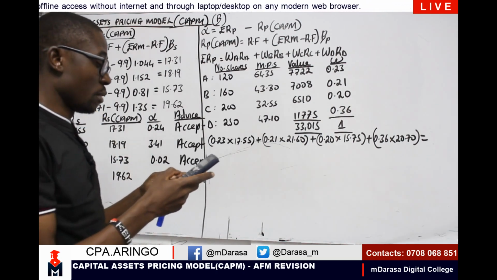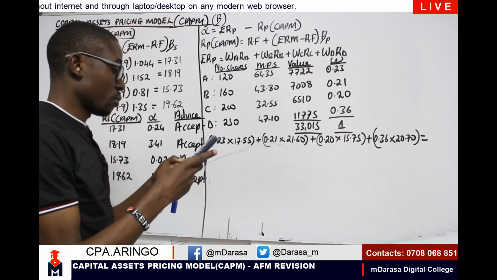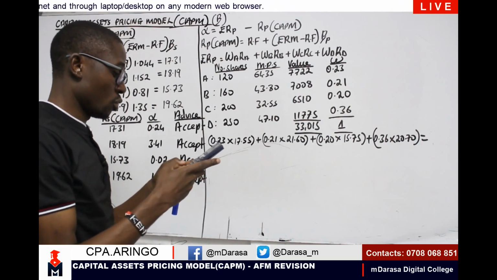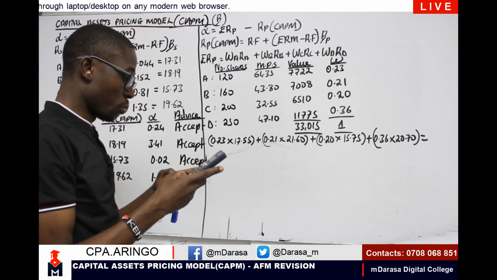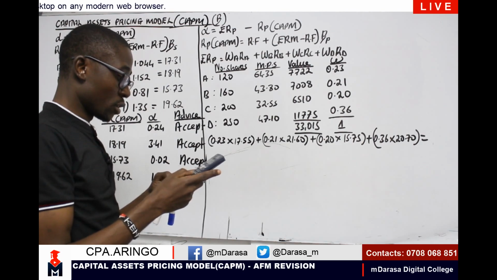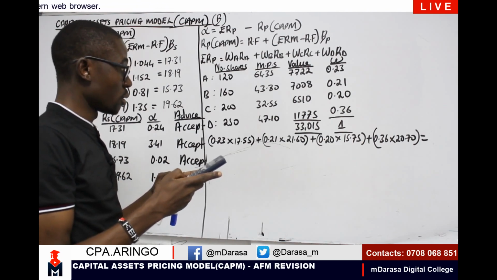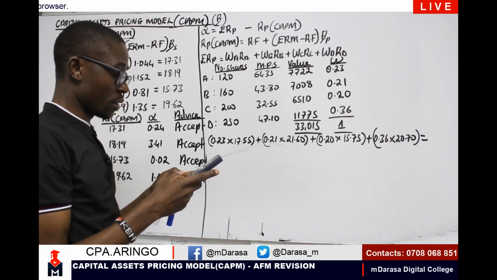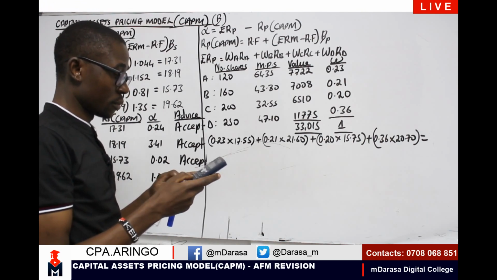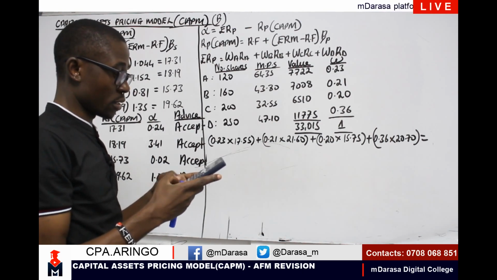In my calculator, I'm going to have it directly: 0.23 times 17.55, believing that you're doing the same with Mwalimu. 0.21 times 21.60, 0.20 times 15.75, 0.36 times 20.70.